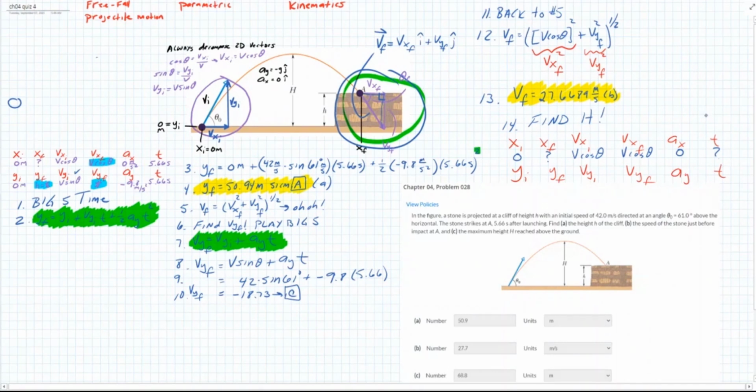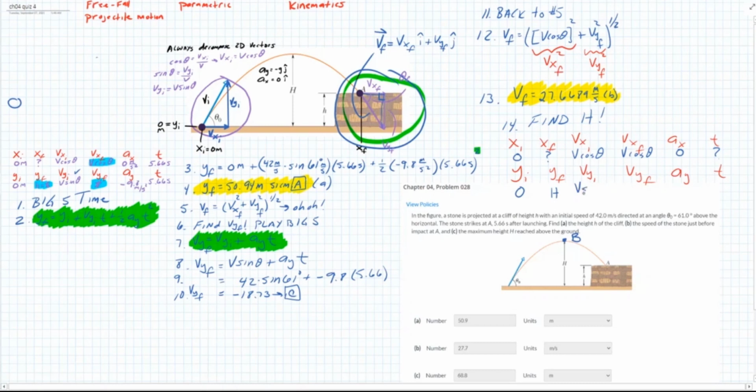So if I look at my Y data table, Y initial is 0, Y final is big H. I'll just call this point B. So my projectile is not landing at point A. I'm looking at my projectile when it hits point B. That's what part C of this question is asking for.